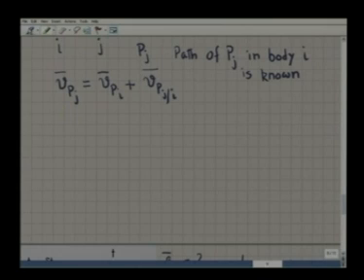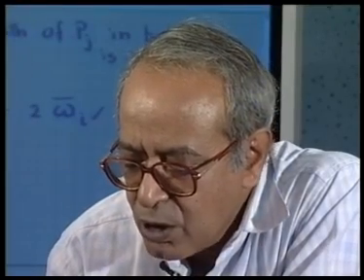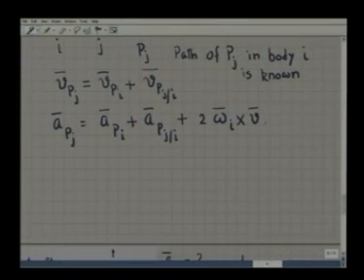But for acceleration, I will have acceleration of Pj is acceleration of Pi plus acceleration of Pj as seen by an observer on body i plus a Coriolis, which is twice omega i, angular velocity of the body i is known, cross Vpji.